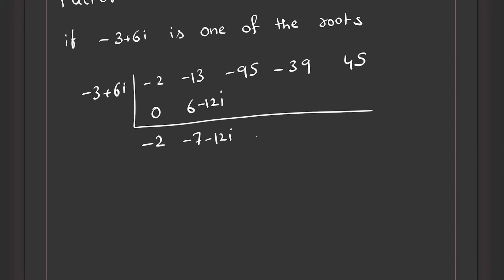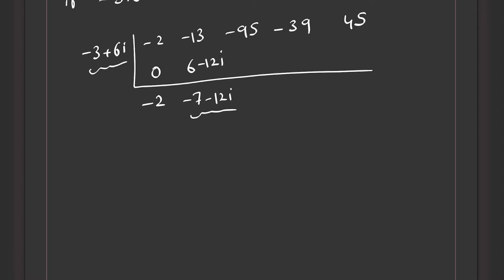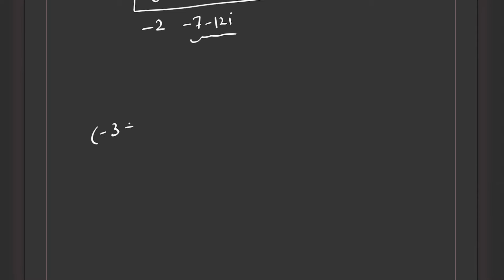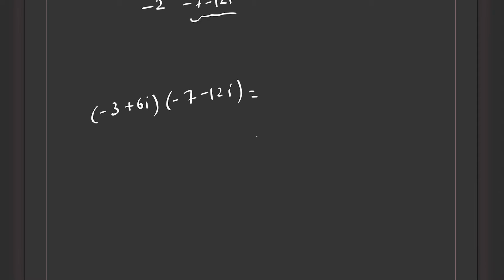Okay, now we gotta multiply minus 3 plus 6i and minus 7 minus 12i. So multiplying two complex numbers. So let's do that here. Minus 3 plus 6i times minus 7 minus 12i, right? So minus 3 times minus 7 is positive 21, and minus 3 times minus 12i is positive 36i.